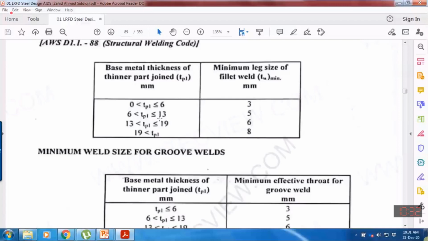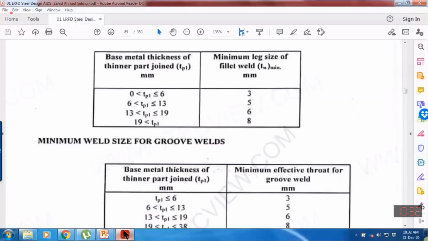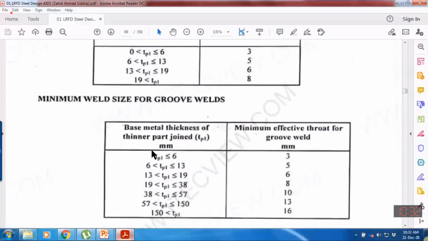If TP1 is less than or equal to 6 millimeter, then the maximum thickness of the weld cannot be more than TP1. Our TP1 is 9.5, so to determine the TW maximum, we are supposed to use this formula, TP1 minus 2.